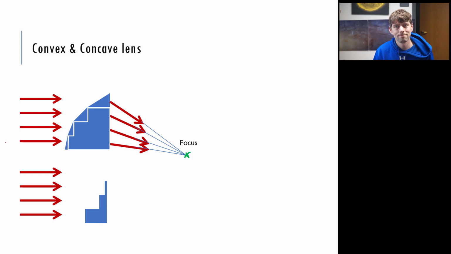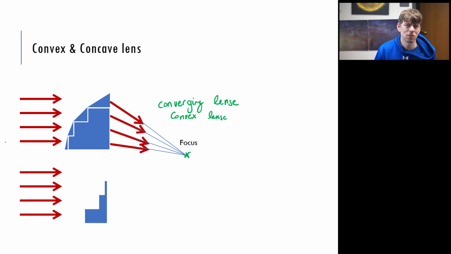Good. And because these lenses cause a convergence of the rays, this is called a converging lens. Or if you prefer, this is a convex lens. I usually think of converging and diverging.